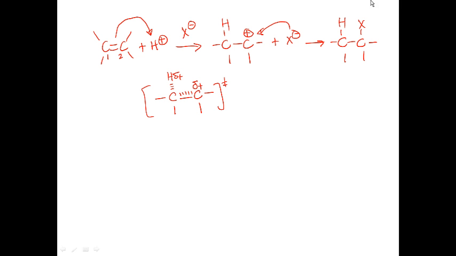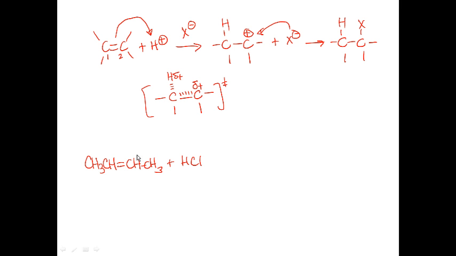Okay. And so, for instance, if I was to take this alkene and react it with HCl, how would I write that mechanism? Well, notice I'm starting with a symmetrical alkene, in other words, one where the same groups are attached to the double bond.